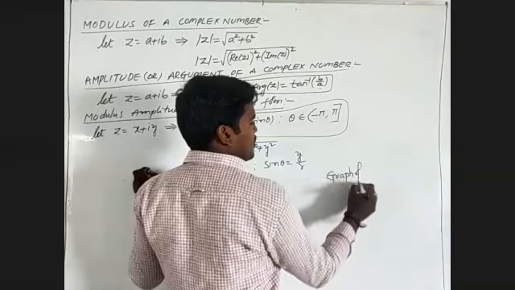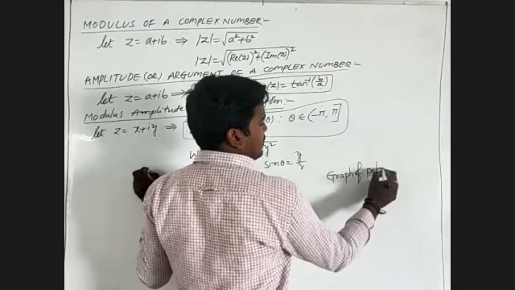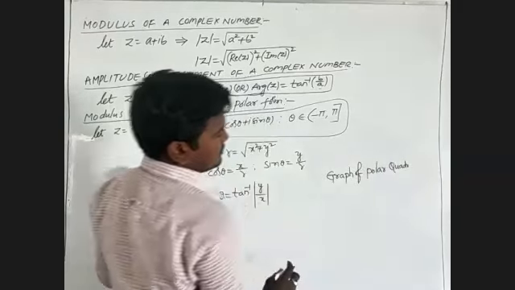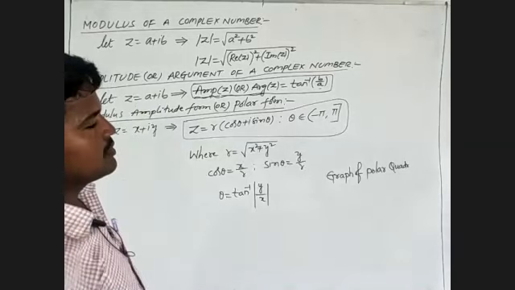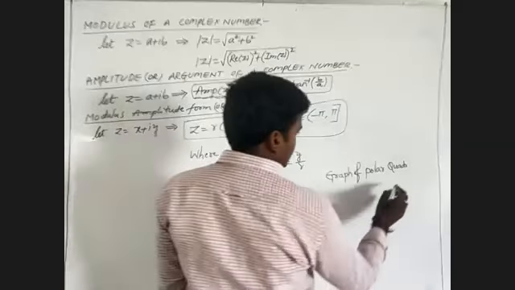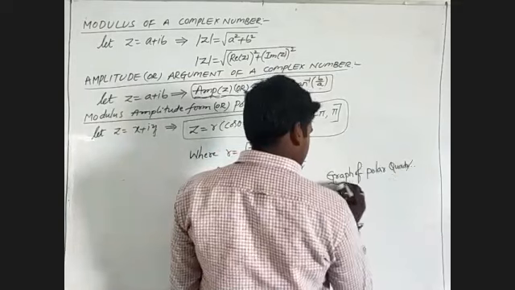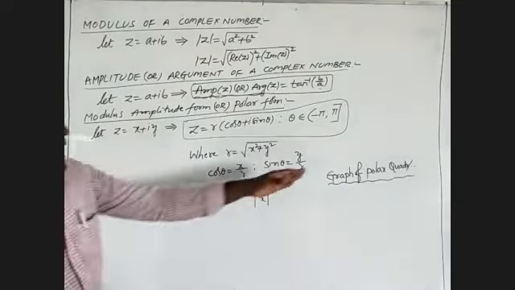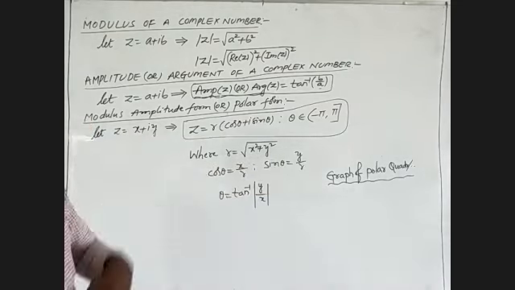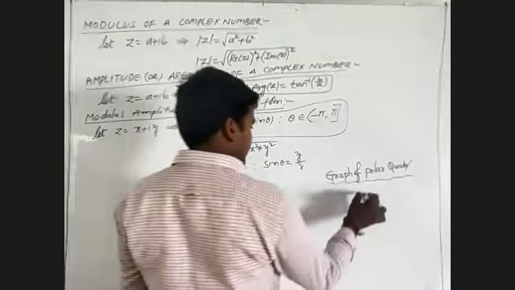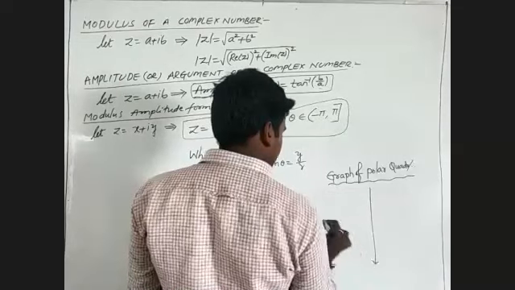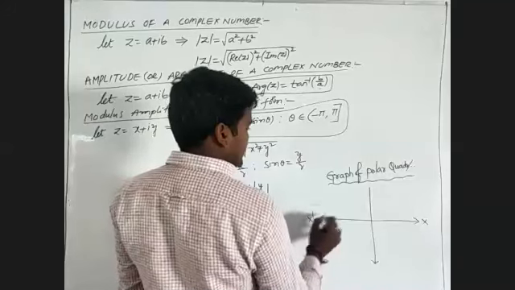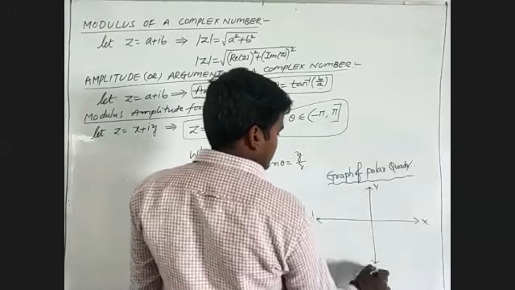And also the graph of the polar quadrant. What is the graph of a polar quadrant or modulus amplitude quadrant? This is the graph of a polar quadrant. This is named x, this x dash, this is y, this is y dash.